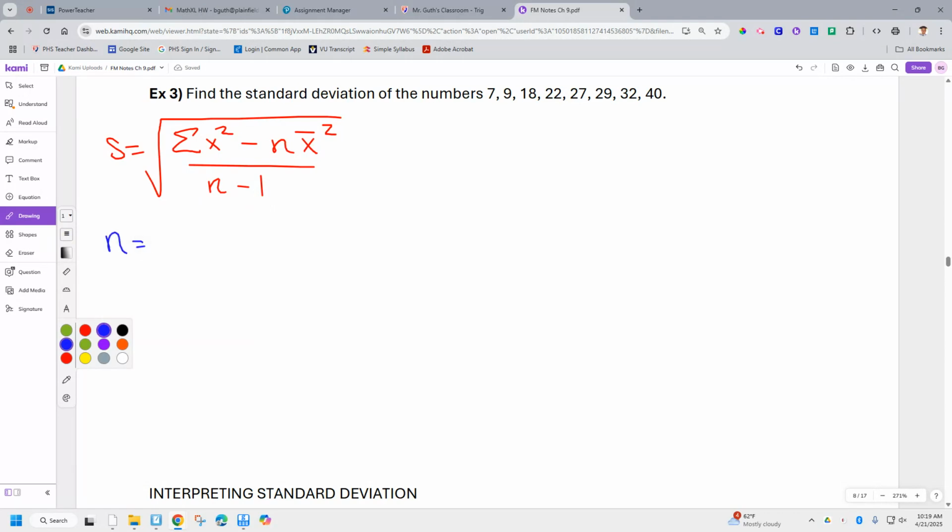N in this formula is the easiest thing to find because n is just the number of numbers, and we can look over there and see that there are 8. There are 8 numbers in that list, so n is 8.